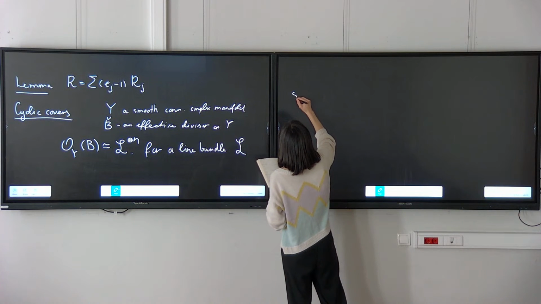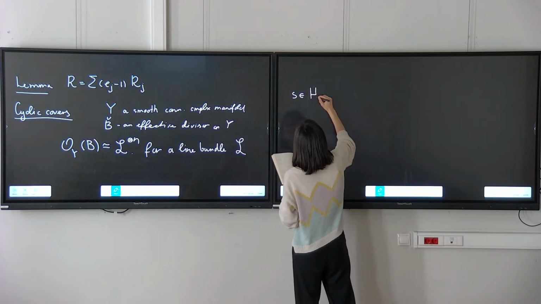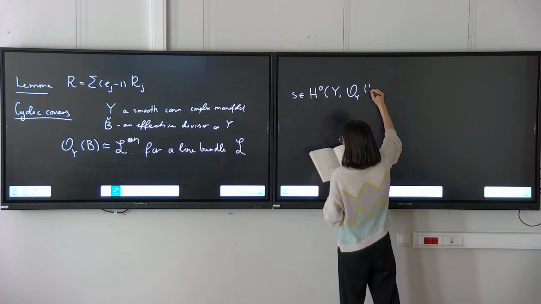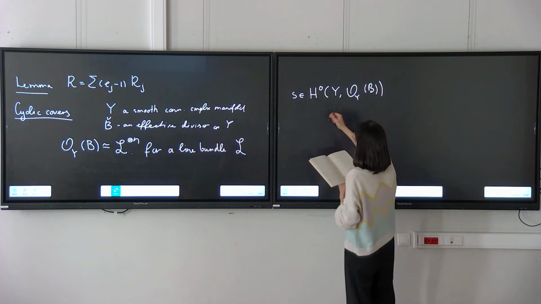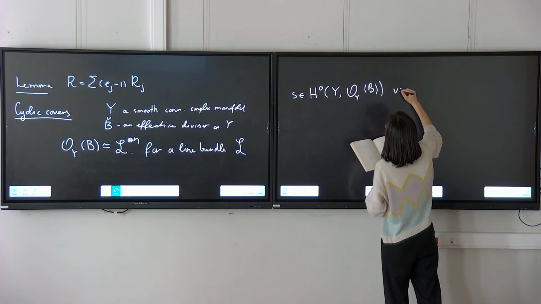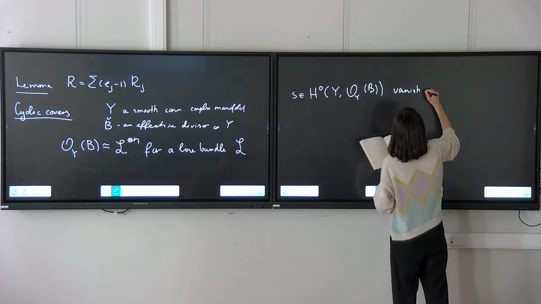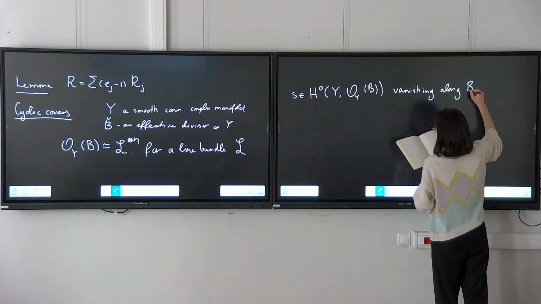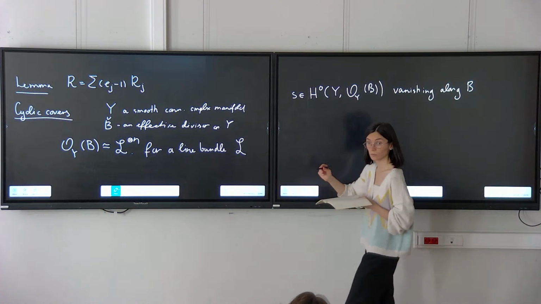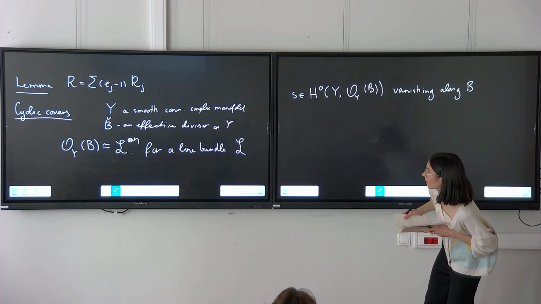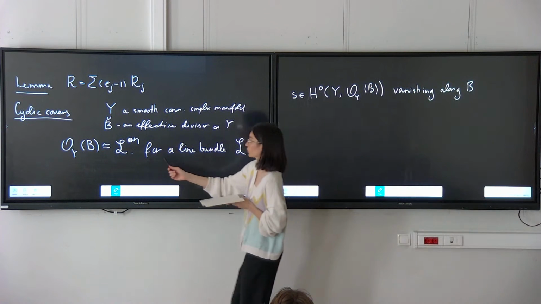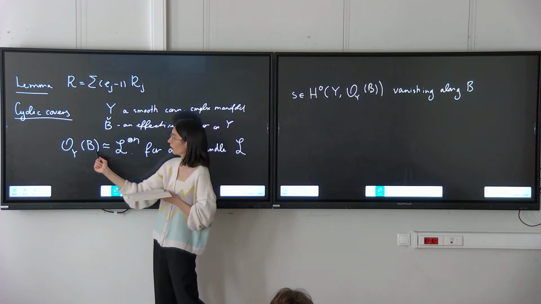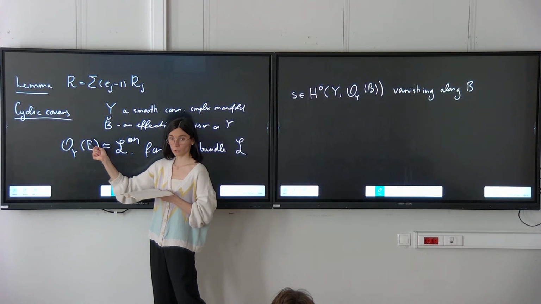Consider the section S on Y, the section that vanishes along B. I will define the cyclic cover using this data: an effective divisor and a line bundle such that its tensor power is equal to the corresponding line bundle.